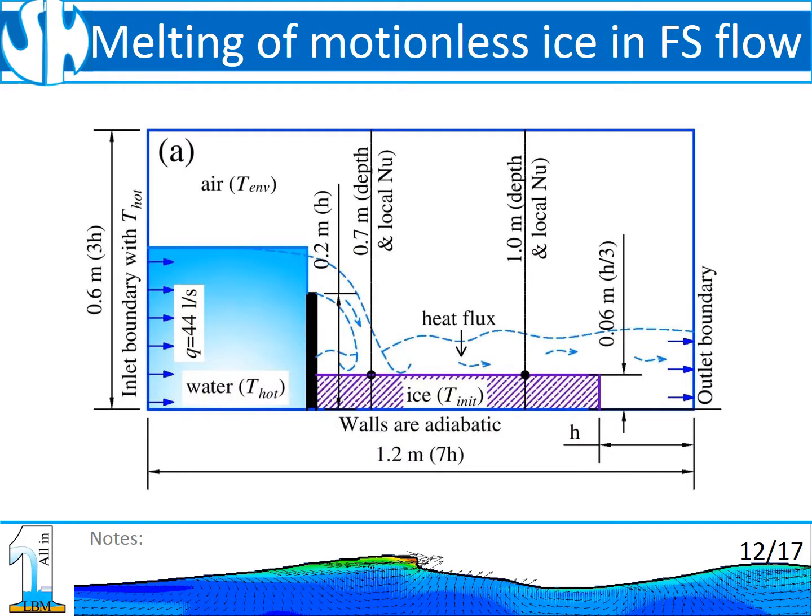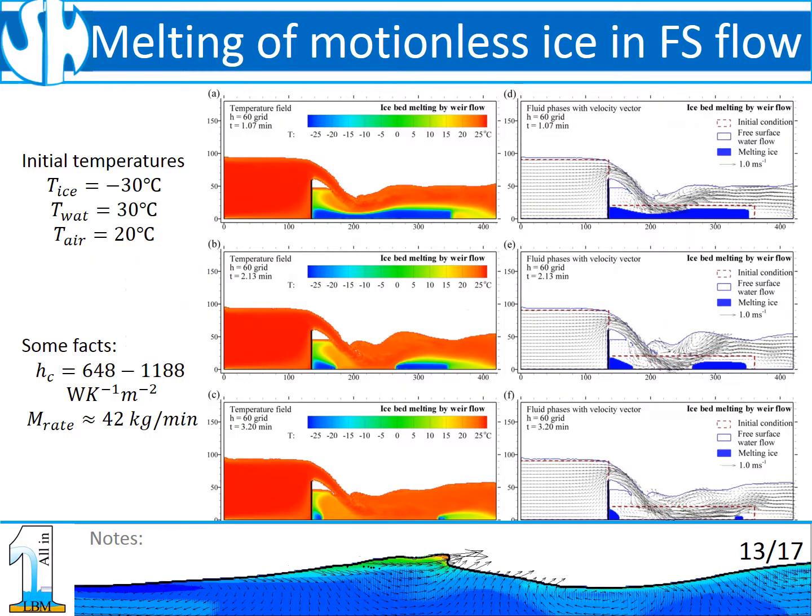This is an example of a demonstration for melting of motionless ice in free surface flow. We consider weir flow, and an ice slab is placed next to the weir. This is the numerically defined temperature fields and vector fields with phases at different times.